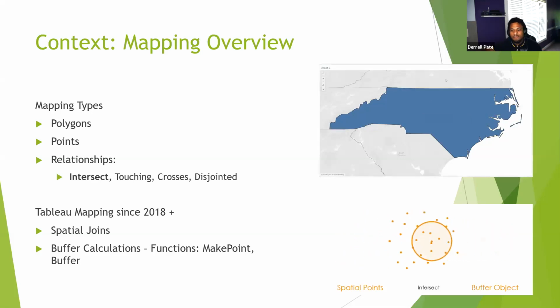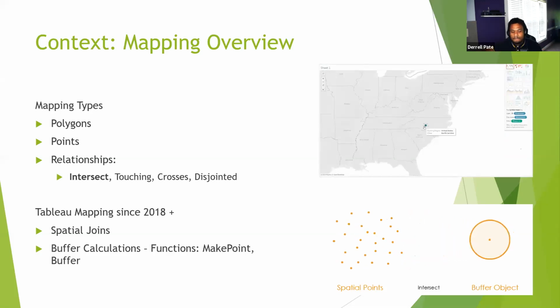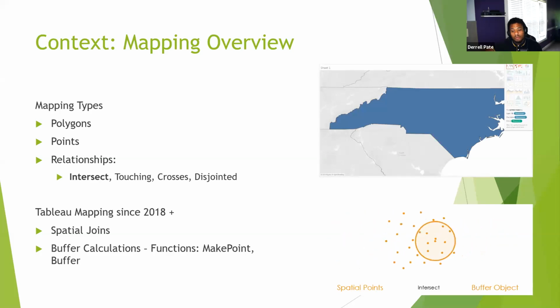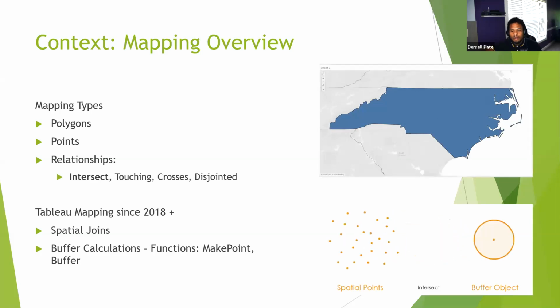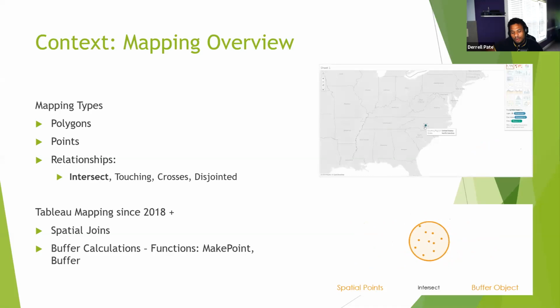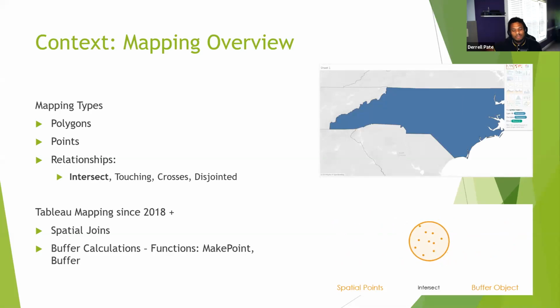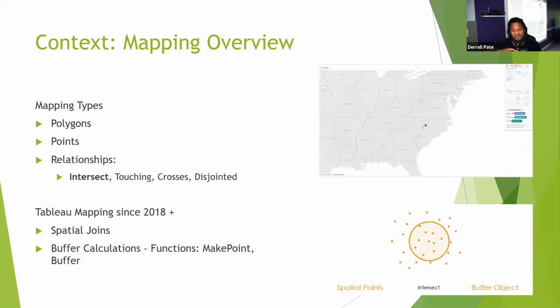These are the types of relationships with geographic data. And then crosses would be something about a zip code. So some of us may know if you live on the North Carolina or South Carolina border, your neighbor may have a South Carolina address and you may have a North Carolina address, and you may be in the same zip code. And that's because that zip code or that geography crosses both the North and the South Carolina border.